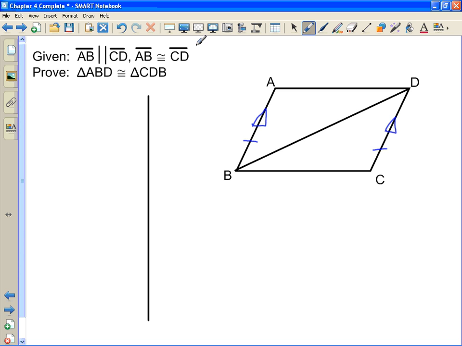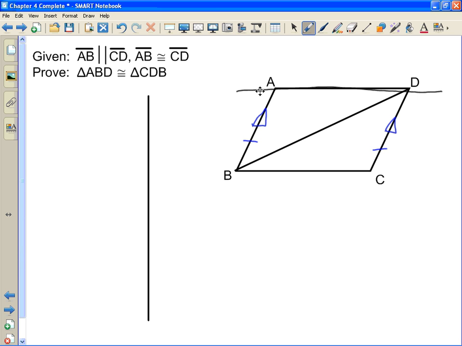So I'm not going to copy my given this time, so I'd have my givens. So parallel lines, okay, that gave us all those cool angles. So I've got to look and see which transversals I have. I've got this transversal here.